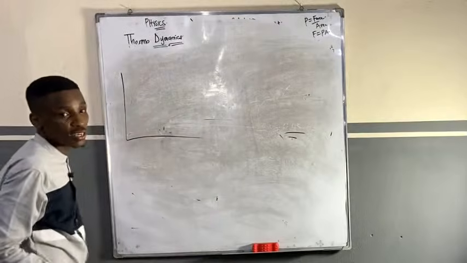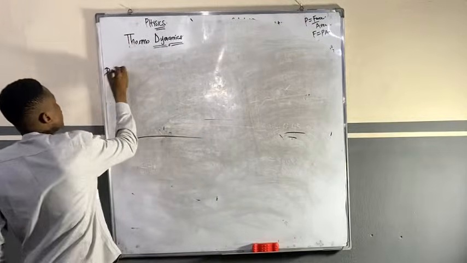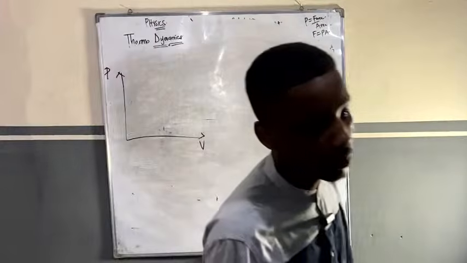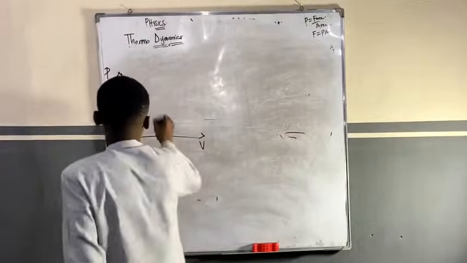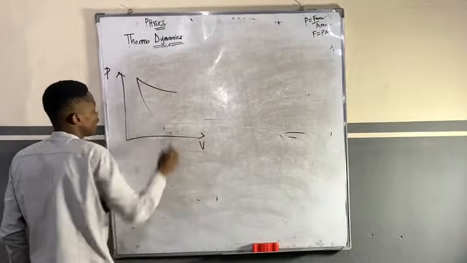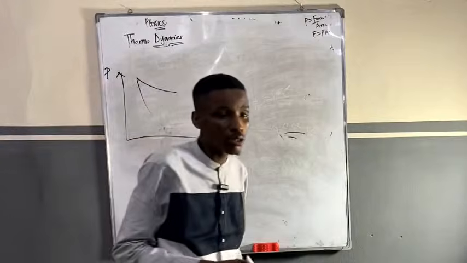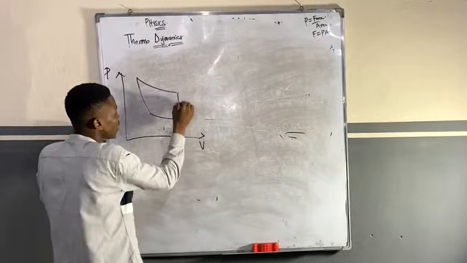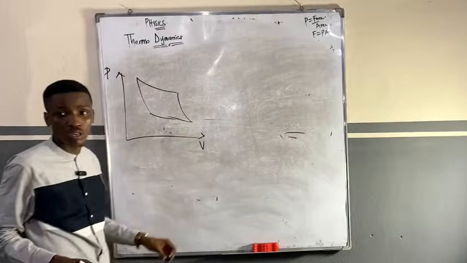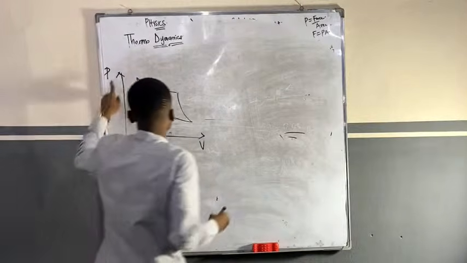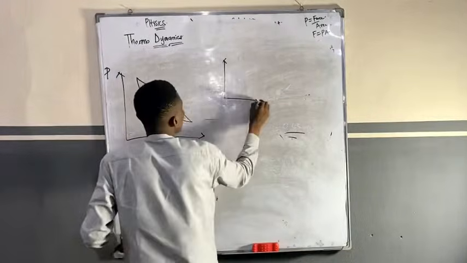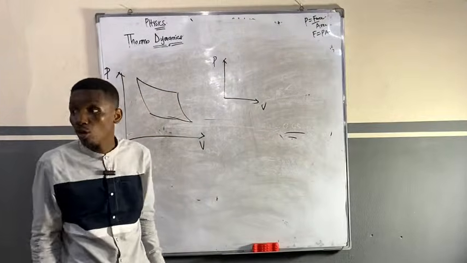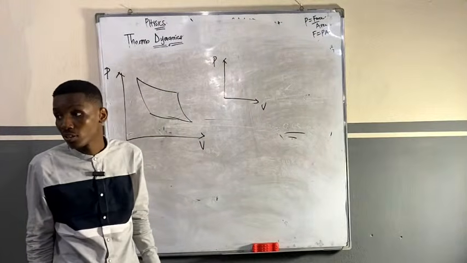So for the Carnot cycle, of course, we have pressure against volume, and we have this pattern. I think I saw this in your notes, where they show what the processes should look like on a graph. If I'm doing a graph of pressure against volume, when I say something is isobaric, constant pressure, what do I mean?